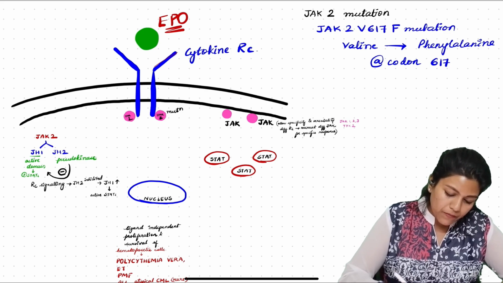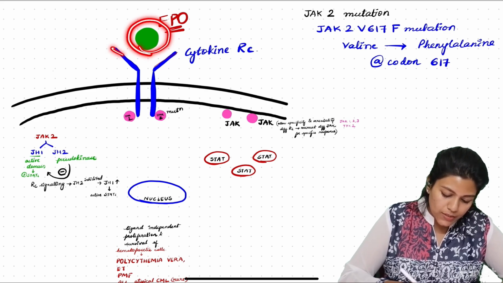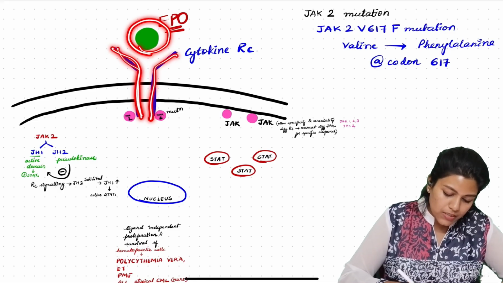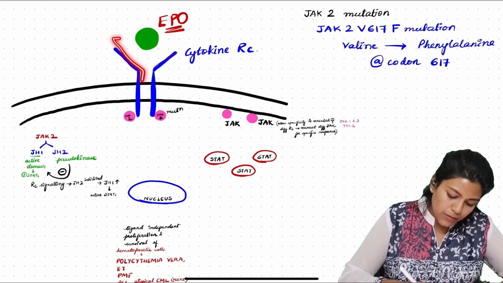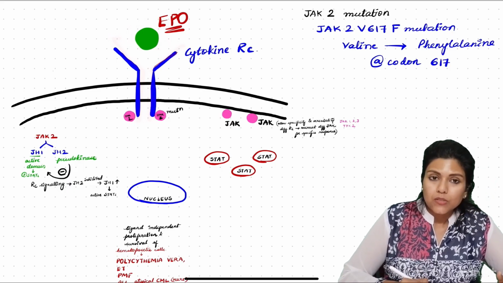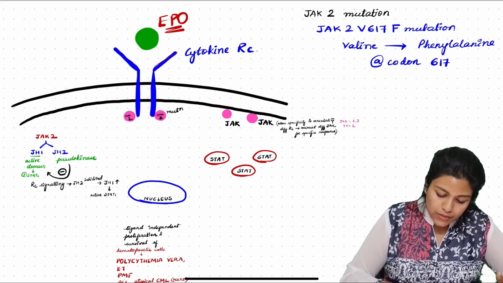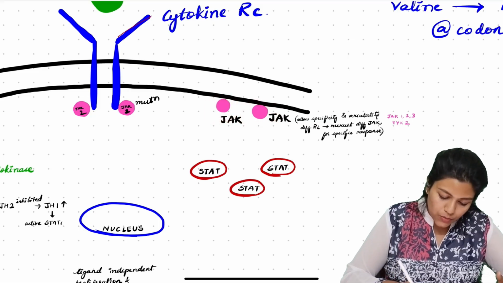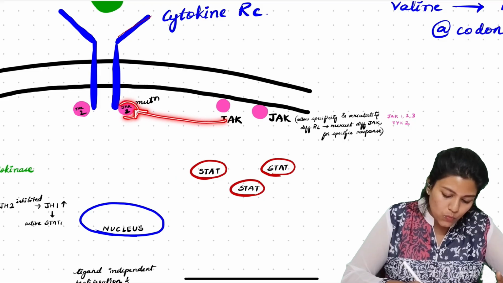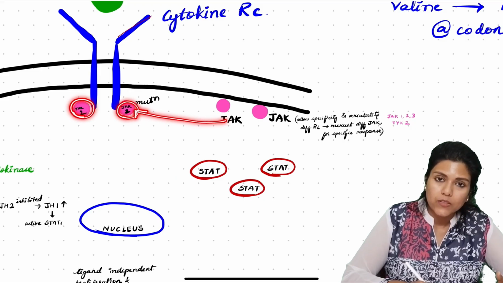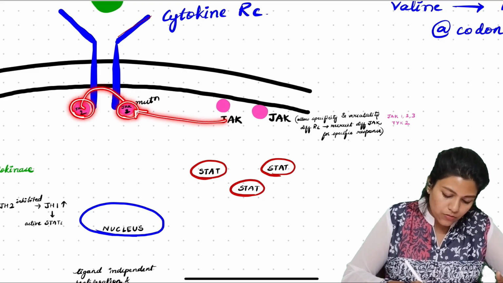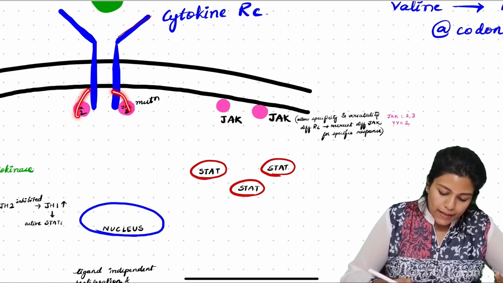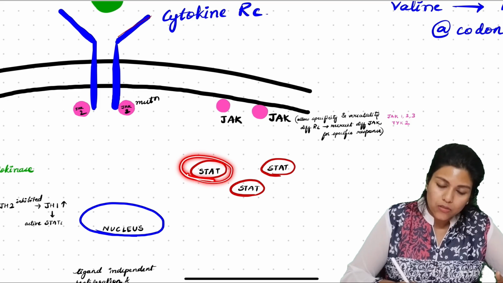Normally, whenever erythropoietin is bound to a cytokine receptor without kinase domains, the receptor will dimerize, but they don't have kinase. So they will recruit JAK2 from under the membrane. The JAK2 will bind to the cytosolic tail of the receptors, transphosphorylate each other, also phosphorylate the receptors, and attract the STAT molecules.